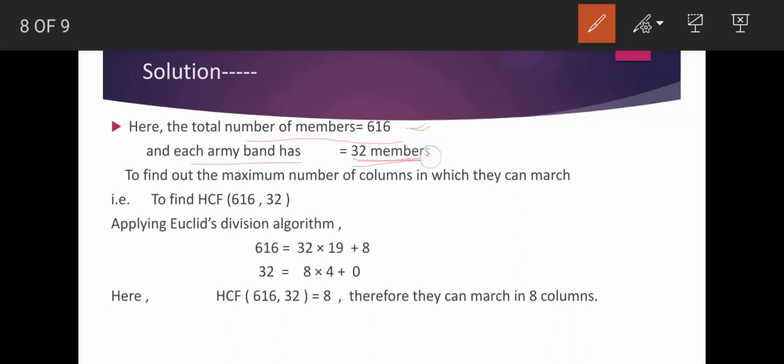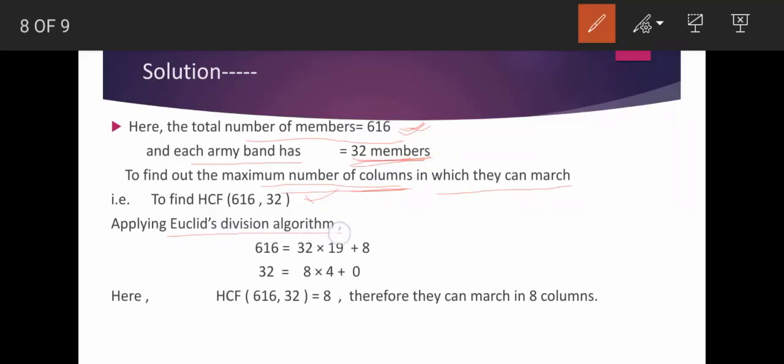That means these 32 members will be forming certain columns, and the same number of columns this contingent should also form. We have to calculate the maximum number of columns in which they can march, that is, the maximum number of common columns. So this is nothing but the HCF of 616 and 32.